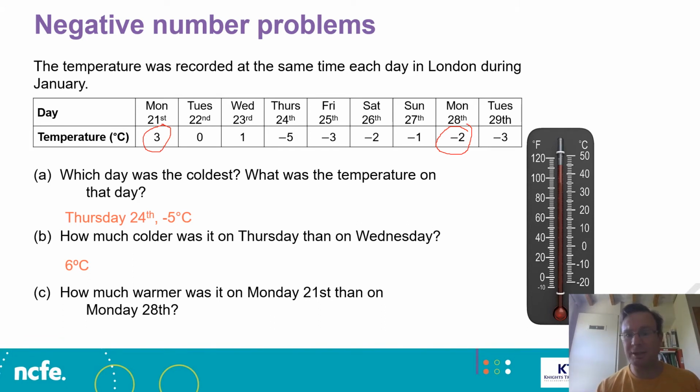And then how many does it take you to get from 0 up to 3? You should see 5. We go from -2 to -1 to 0. That's 2 units to get us there. And then 1, 2, 3 to get us up to 3 degrees. So there we are.